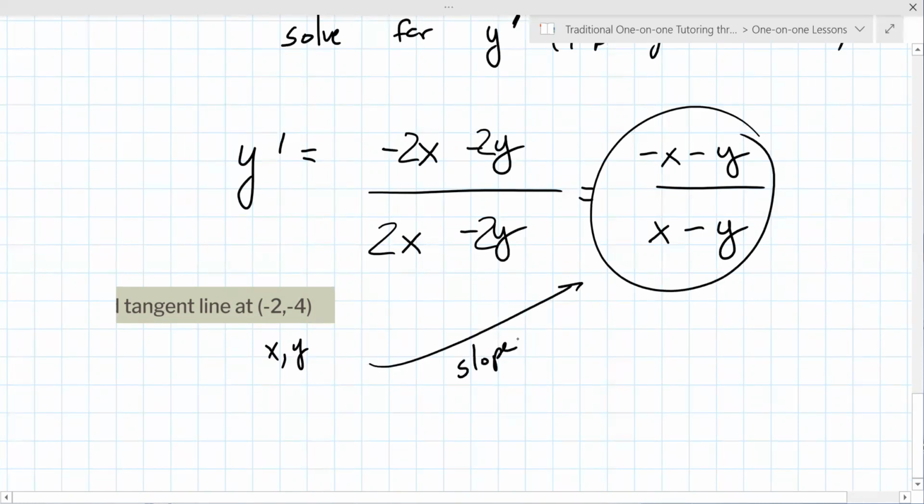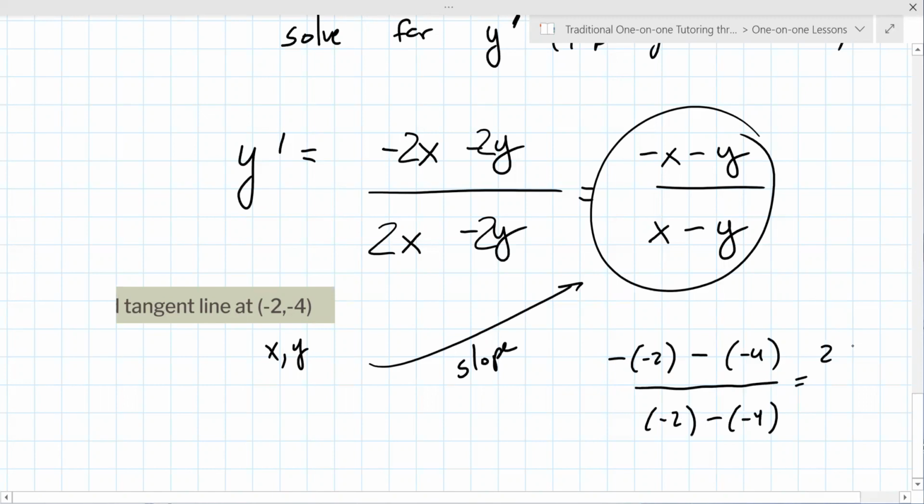Plug it in to the, so that's just negative 2 minus negative 2, 6, 2.